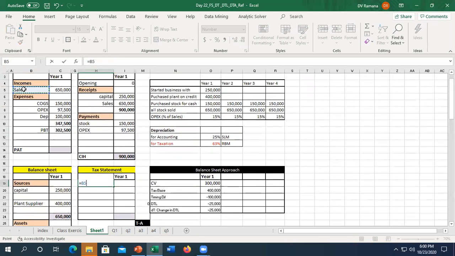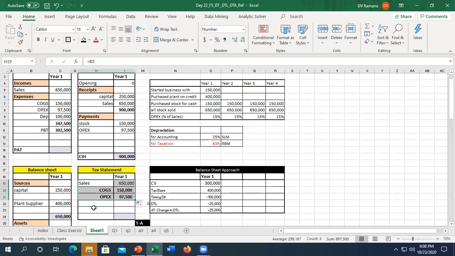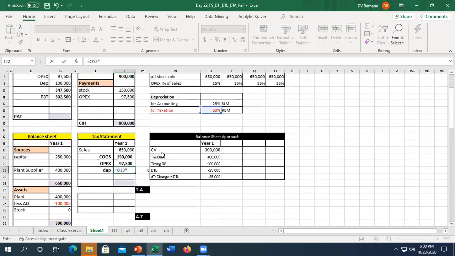So sales 650. We could have done this with an adjustment at PBT, but it's always good to show the income statement for depreciation under accounting as well as taxation. Depreciation for the purpose of tax is 63% of the asset cost, and the asset cost is 400,000. So depreciation is 250,000.